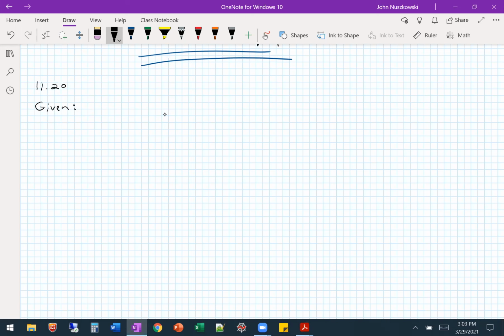All right, so we have a concentric tube heat exchanger. Let's write this out. Thin-walled inner tube, and it's counterflow.